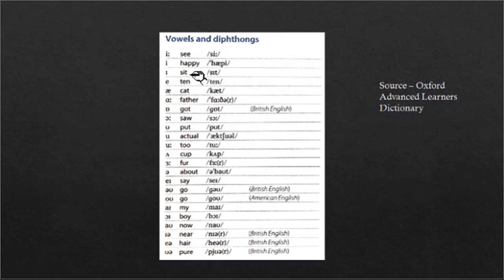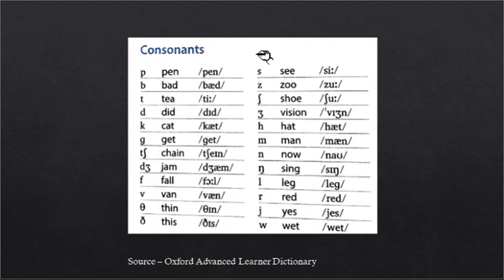We have to learn British English, not American English, because British English is internationally accepted. That's why we have to follow received pronunciation according to IPA. This is the chart for vowels and diphthongs sound symbols, and this is the chart for the consonant symbols, and I have taken these pictures from the last page of the Oxford Advanced Learner's Dictionary.